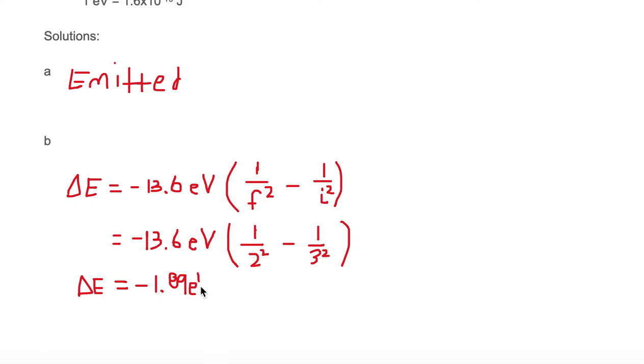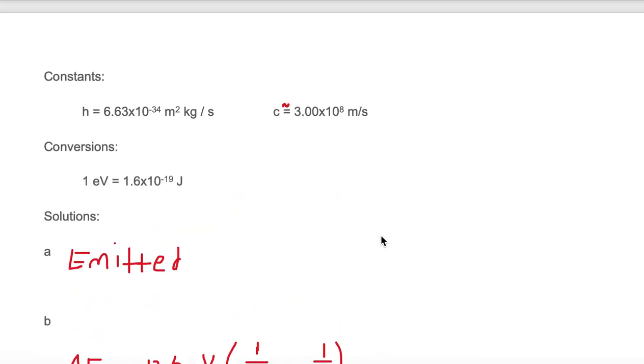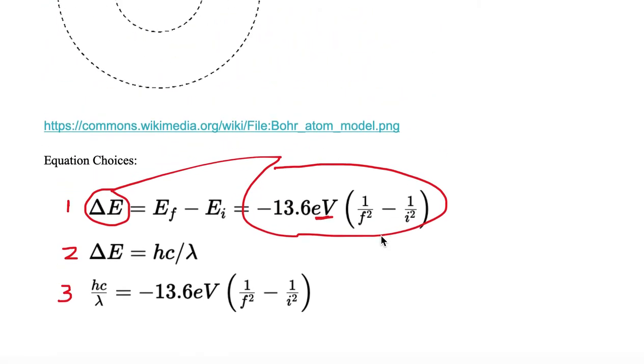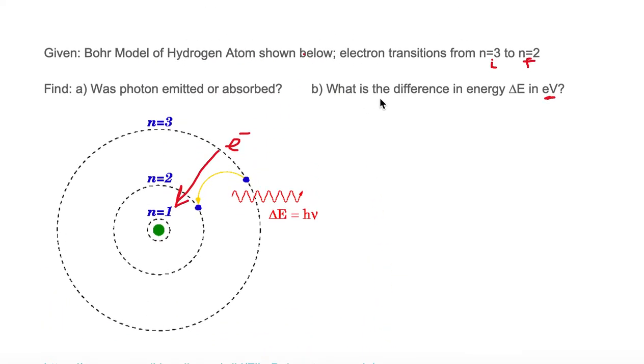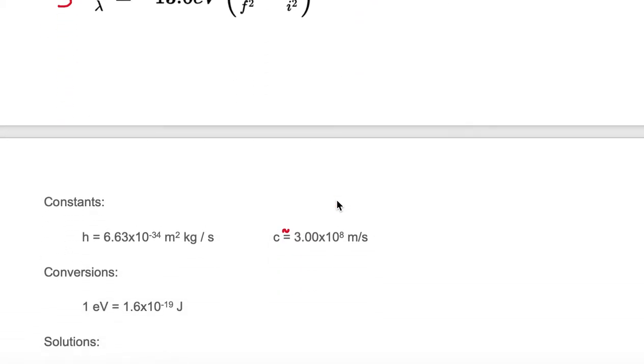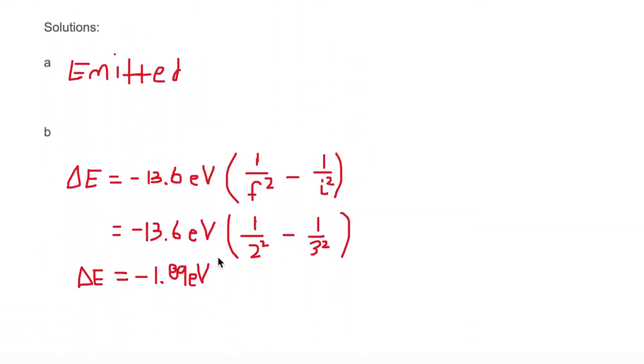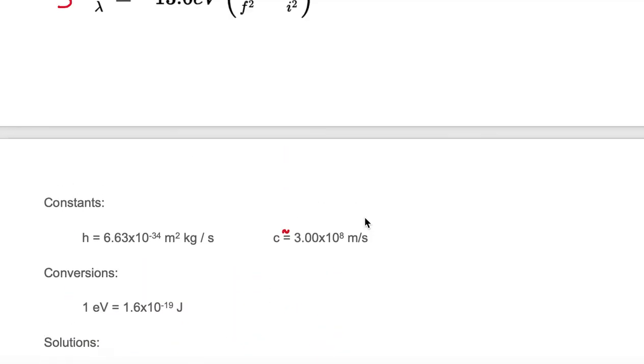Now remember, this is what the electron is giving up. And we want to find out what is the difference in energy in eV. So our answer, the electron is giving up minus 1.89 eV in energy. Now the negative sign is telling us that the electron is bound.